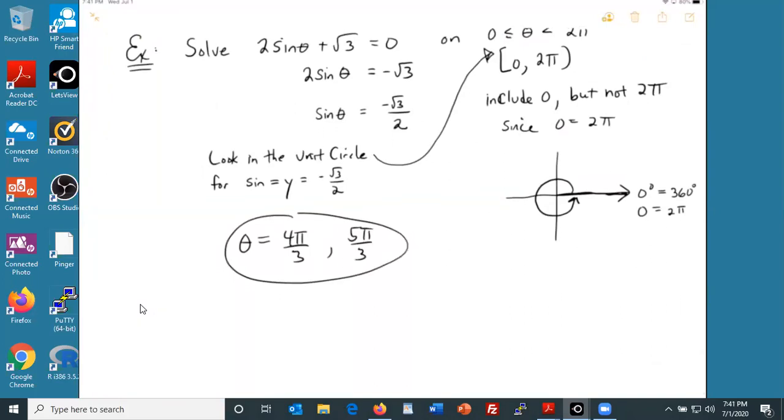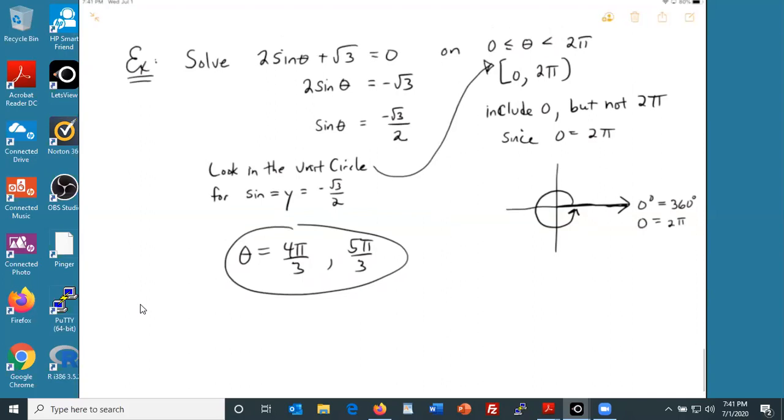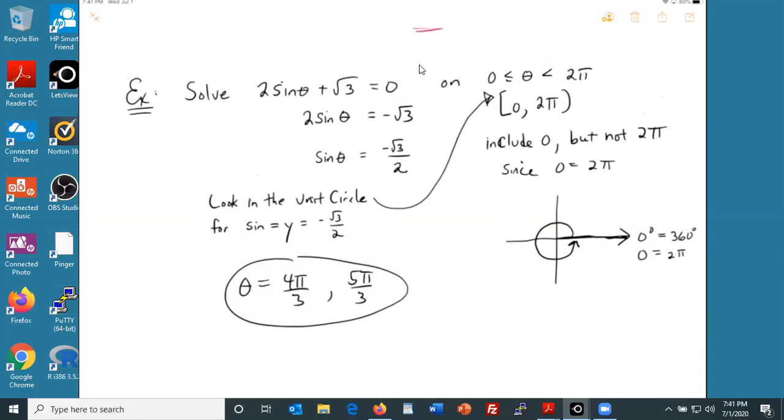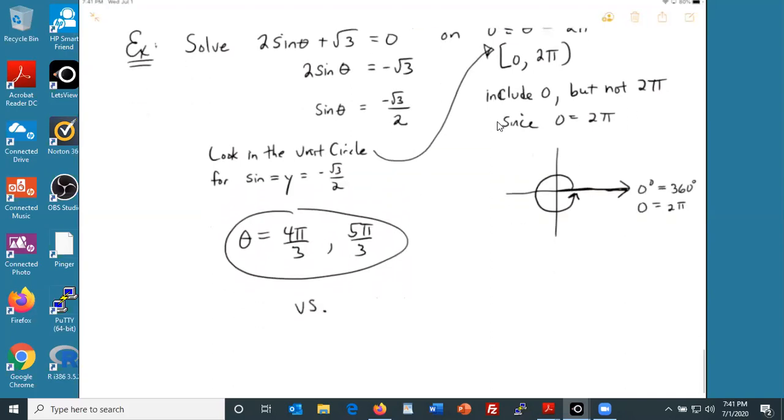Now you might be wondering, how come I didn't add on k times 2 pi? Because here, when we say we want an answer that's between 0 and 2 pi, it's looking for specific solutions. Remember that the general solution, so let's compare the answers.